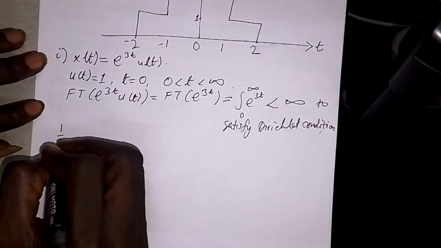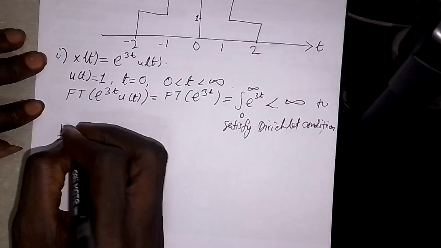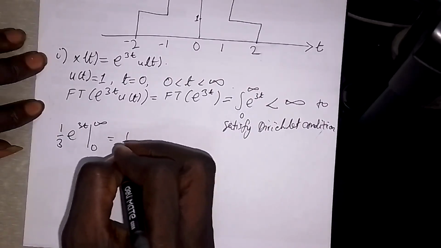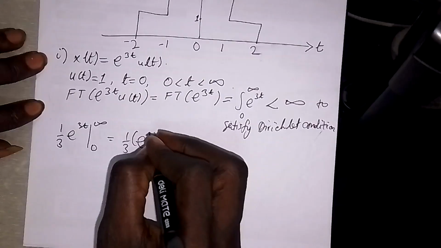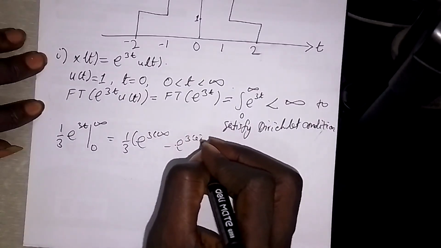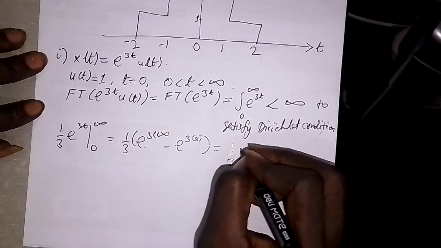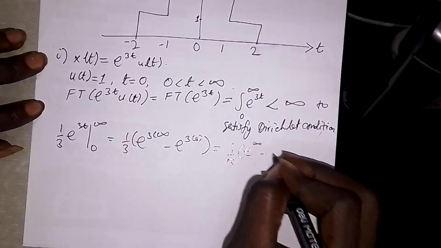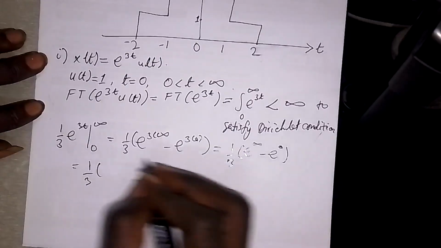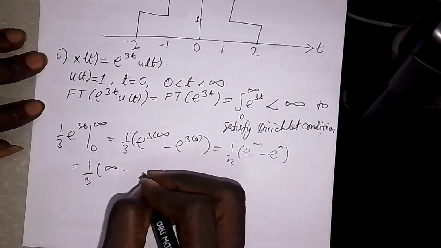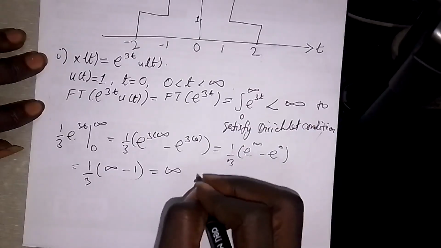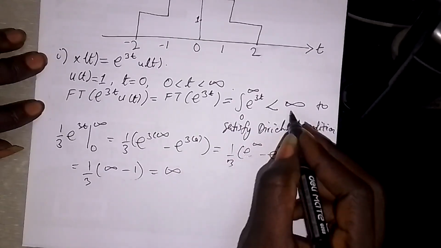We're going to have 1 over 3 times e^(3t) from 0 to infinity. So we have 1 over 3 times e^(3 times infinity) minus e^(3 times 0), which equals 1 over 3 times e to the infinity minus e to the 0. e to the infinity is infinity, and e to the 0 is 1. So basically this equals infinity.